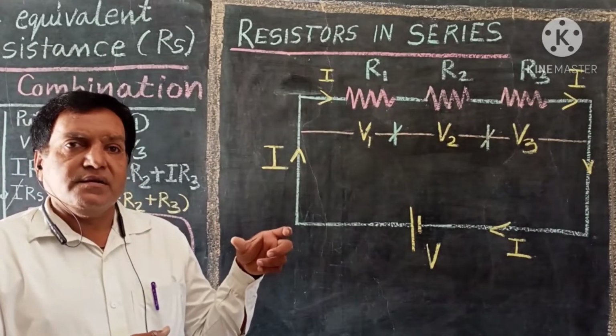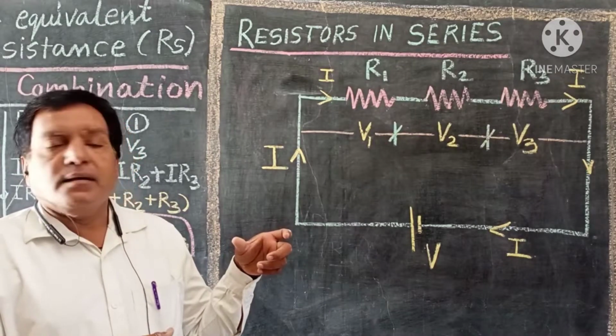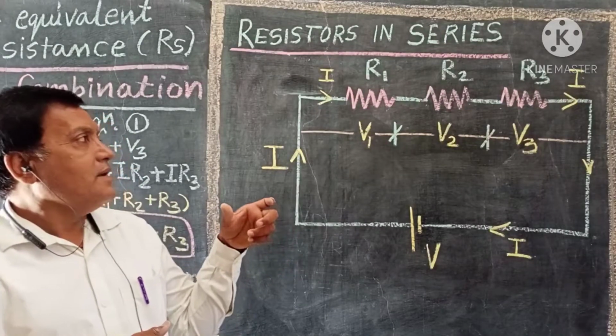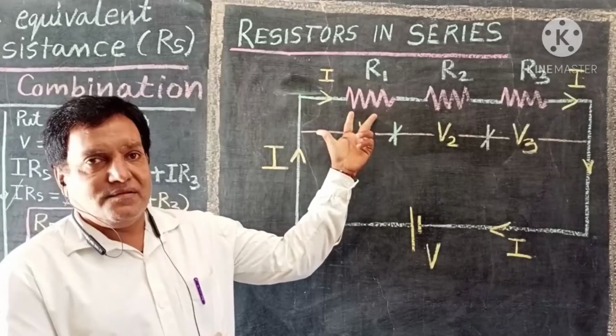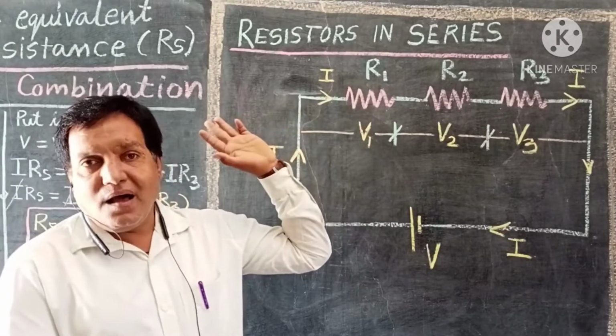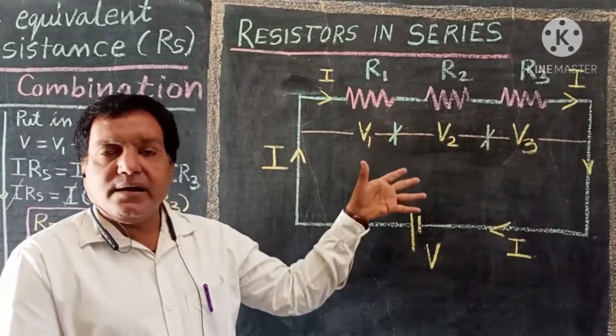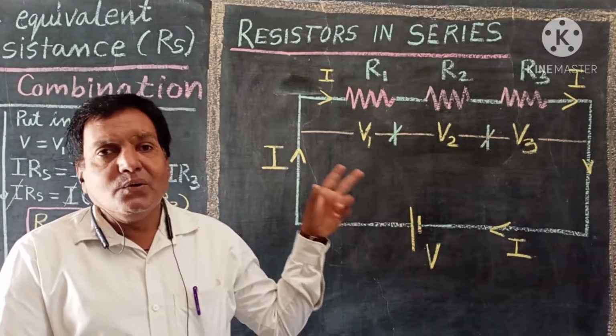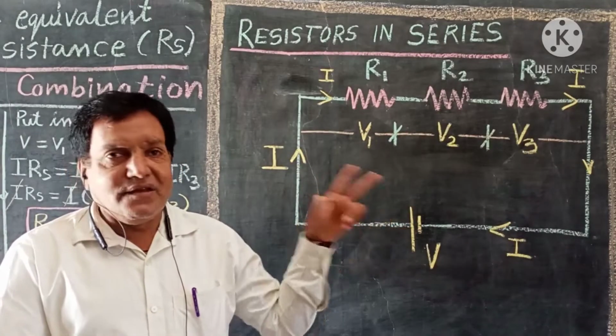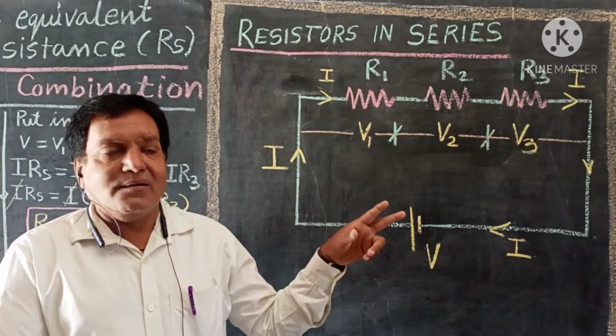Resistors are symbolically represented by zigzag lines and a resistor is denoted by R. It can be connected in an electric circuit in two ways, in series and in parallel.